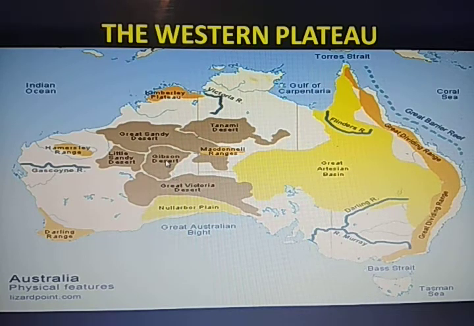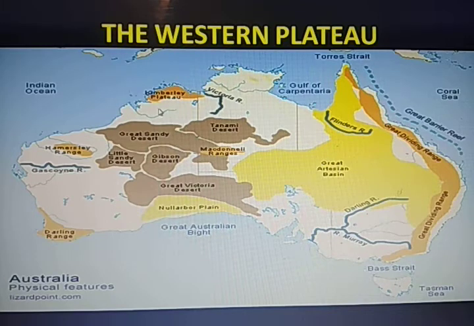These are the three basic deserts of the Western Plateau. Apart from that, you are getting the Tanami Desert, another desert, and the Little Sandy Desert.